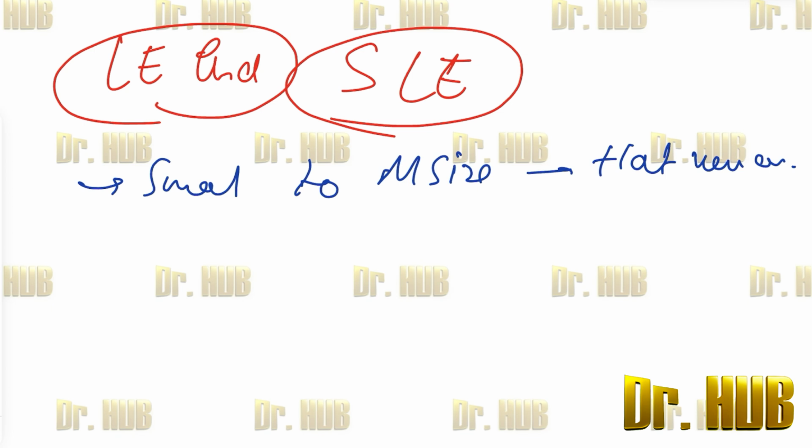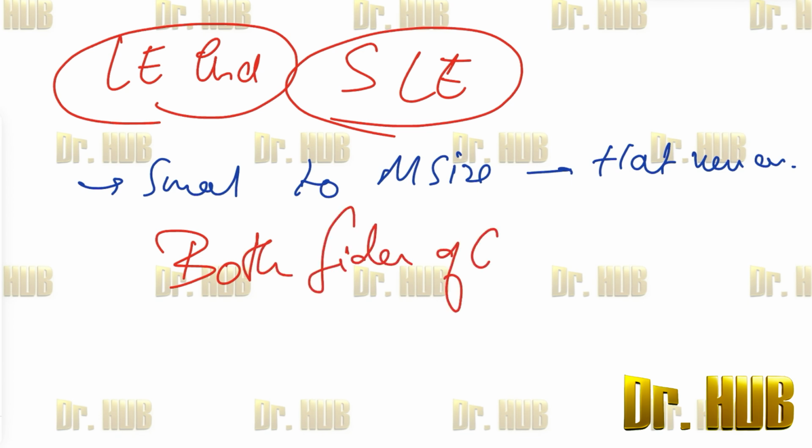And where are they located? They are on both sides of the leaflets. So in Libman-Sacks endocarditis, it is present on both sides of the valve leaflets.